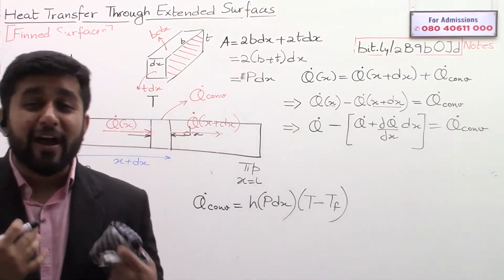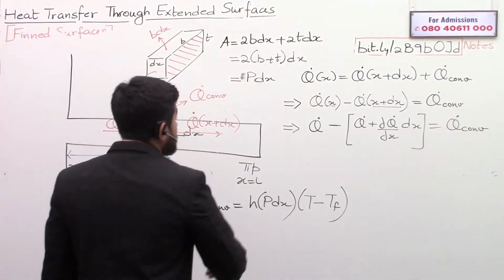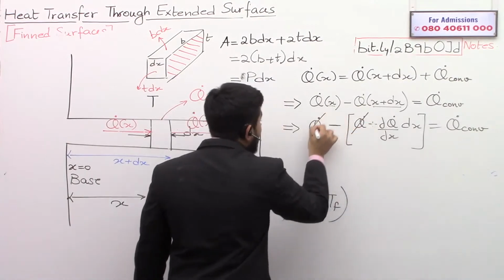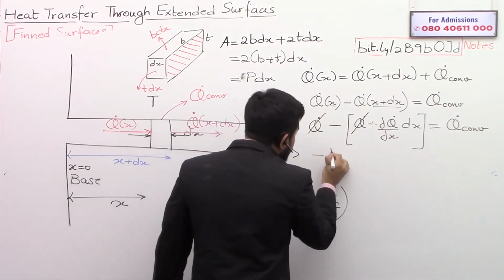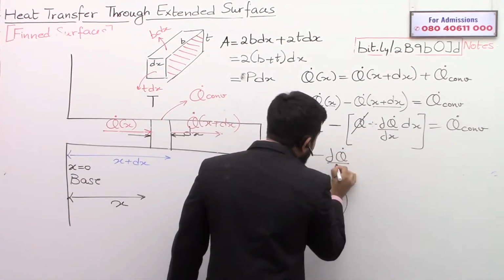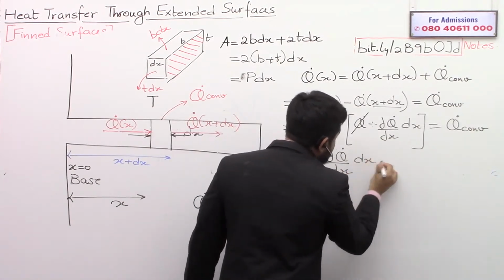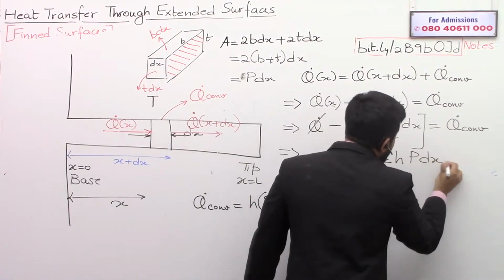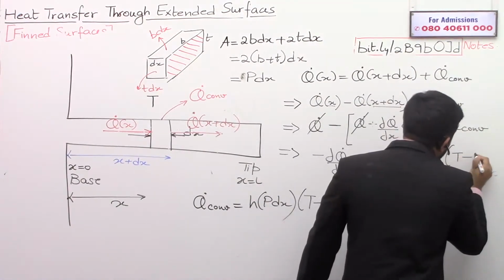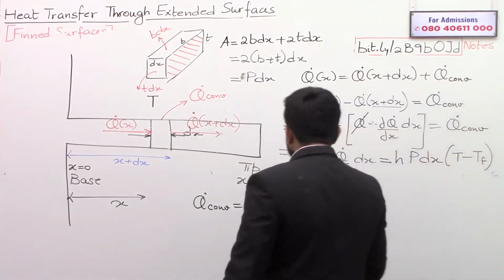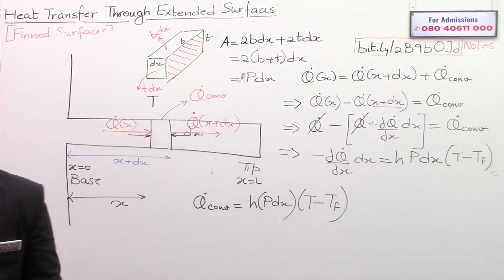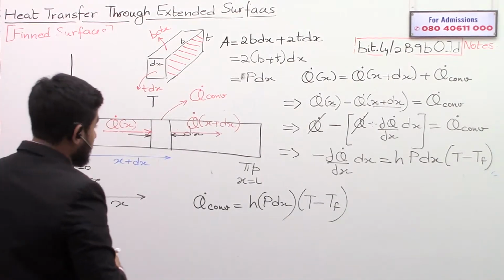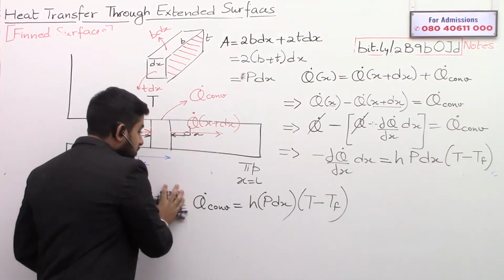Heat conduction is given by Fourier's law. If you solve this, q dot and q dot will cancel out. So you will have minus del q dot by del x dx is equal to q dot convection, which is already written over here, h P dx into T minus T f. T is the temperature which we want to find out. Okay, so I'll rub this.